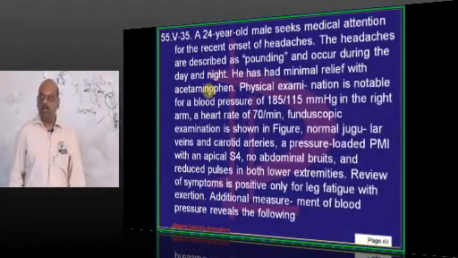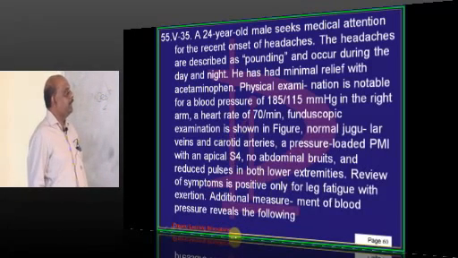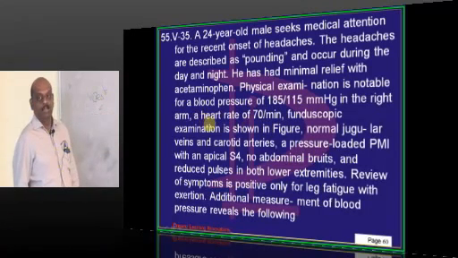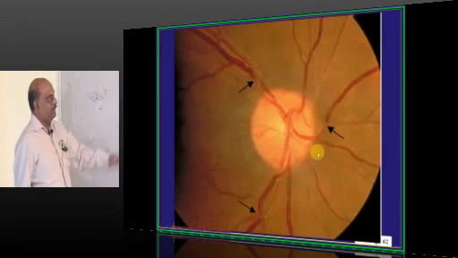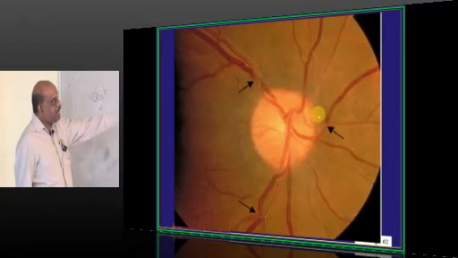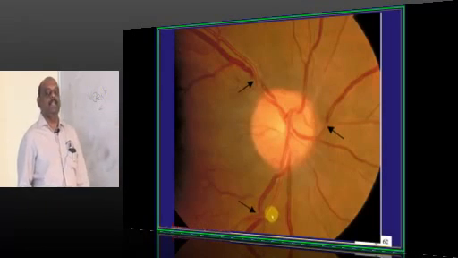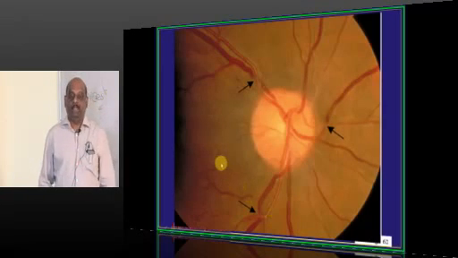A 24-year-old male seeks medical attention for the recent onset of headaches. 185 by 115 is the blood pressure. Heart rate is 70 per minute. Fundoscopic examination is being shown. What do you see? Arteriovenous nicking, AV nicking, which is typically seen as a sign of hypertensive retinopathy.